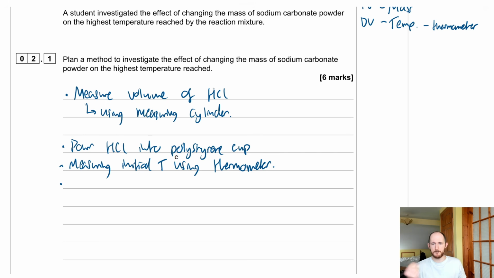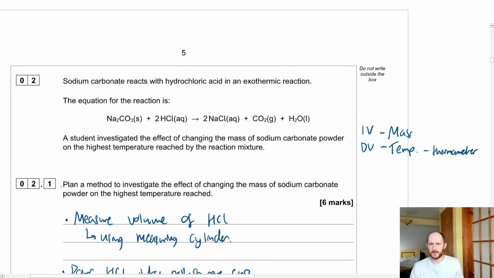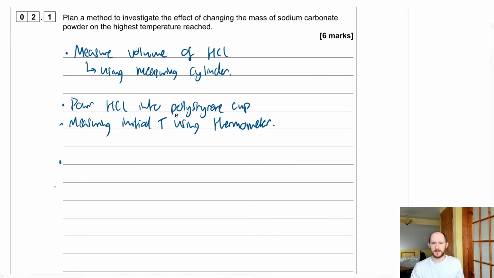Now we're actually talking about mixing the actual sodium carbonate. It was sodium carbonate, right? Yes. Mix. And here's the key thing. Don't just say mix sodium carbonate. Mix a known mass of NaCO3 with hydrochloric acid.